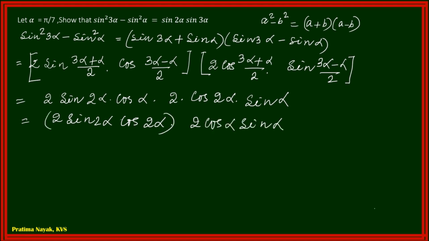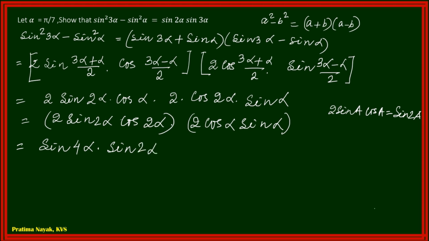Then again this can be written in simplified form, applying the formula 2 sine A cos A is equal to sine twice A. So the first one will be sine of twice 2 alpha, that will be 4 alpha, and the second one will be sine 2 alpha.